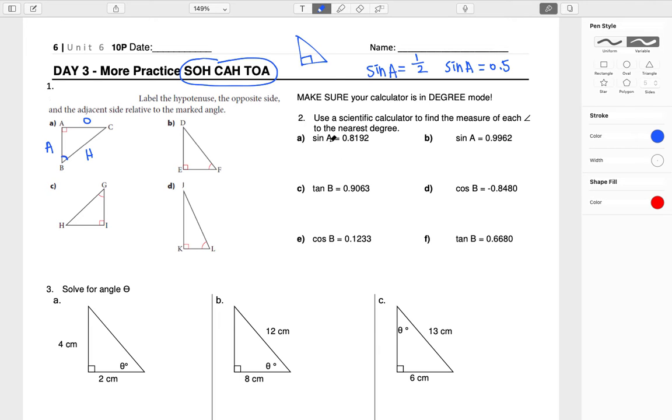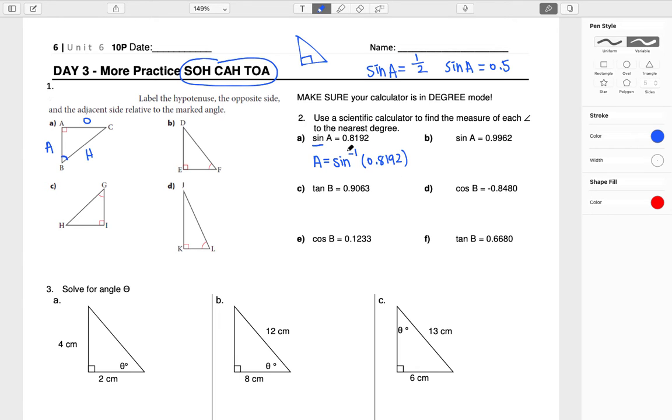In order to isolate for angle A, we're going to move sine to the other side. When you move sine or cosine or tangent to the other side, it becomes inverse. So A is equal to sine, and you always write the trig ratio first, -1. This -1 means that it's an inverse, and then bracket 0.8192.